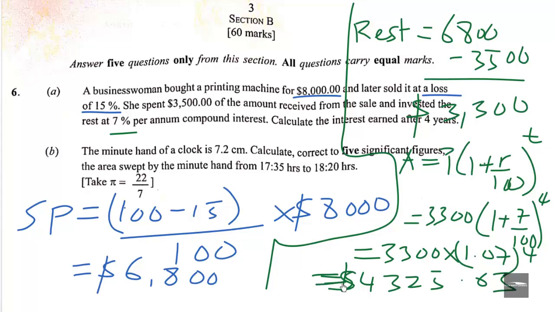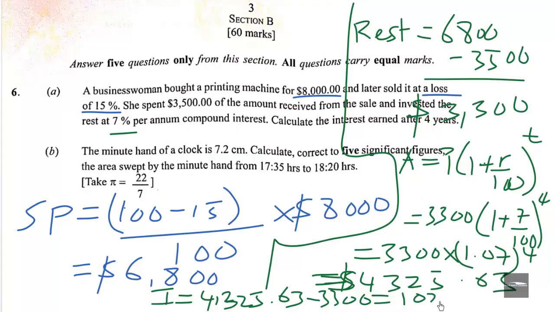Now the interest will be equal to 4,325.63 minus the 3,300, and that will give us $1,025.63.